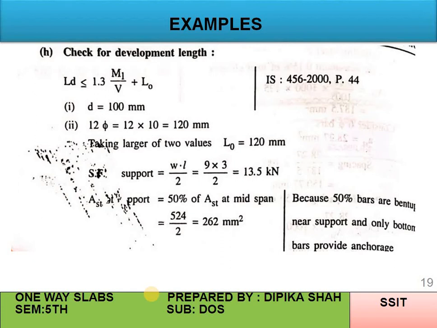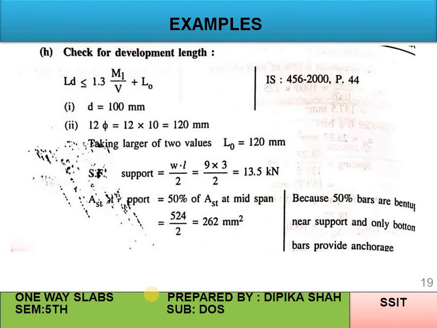Now we will find SF at support. So the equation for SF is WL by 2. So we will put the value of W as 9, value of L as 3 divided by 2. So SF at support is 13.5 kilonewton. AST at support will be 50% of AST at mid span.